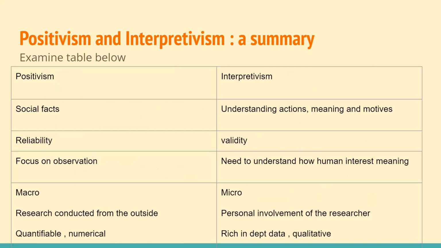This table will show a summary between positivism and interpretivism. So we're going to be looking at and examining this table that deals with positivism and interpretivism. Now, positivism, what is this really about?